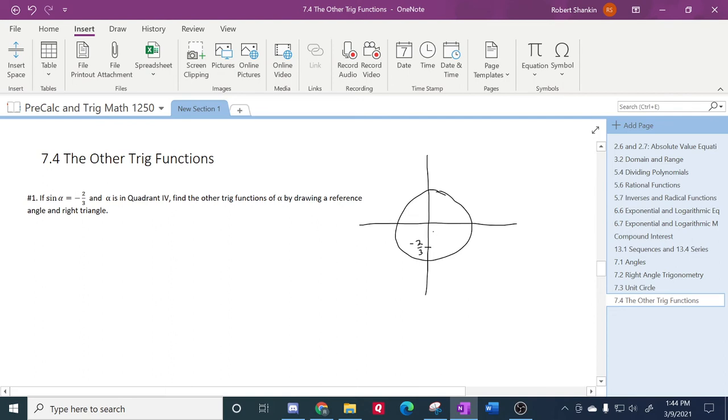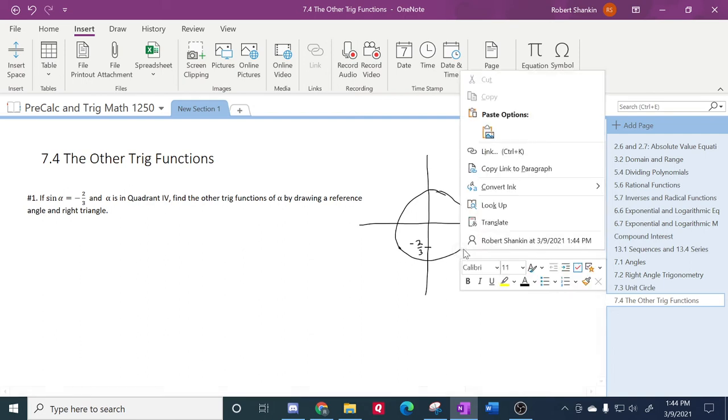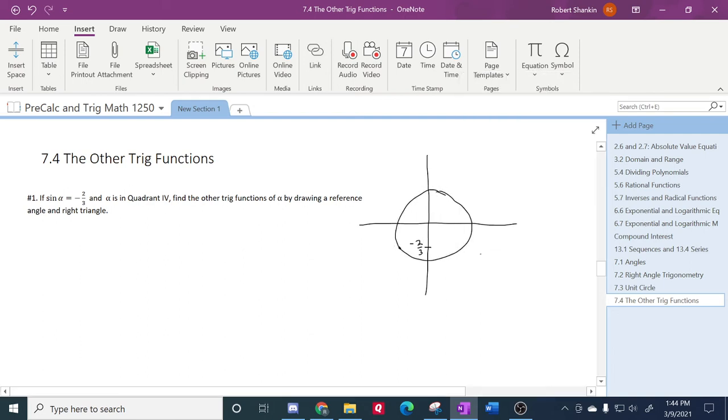Now there are two possibilities for this angle. This angle could be over here, or it could be over here. They said that it's in quadrant 4 to differentiate those two, to tell you that it's this angle right here.